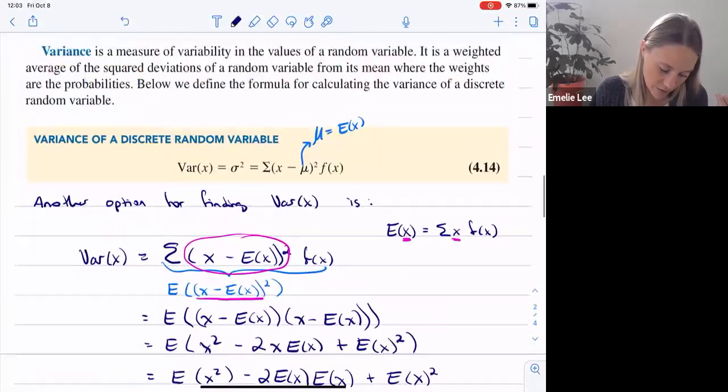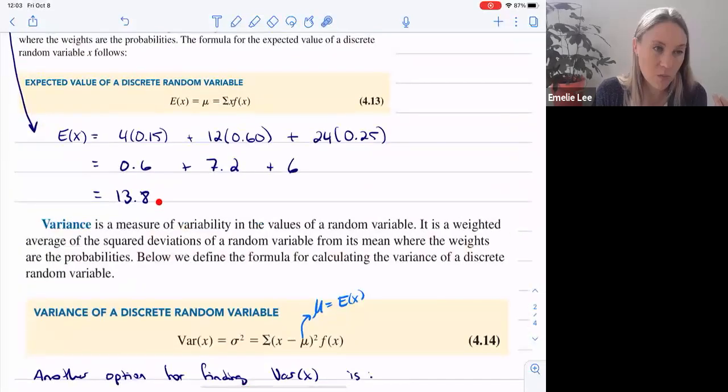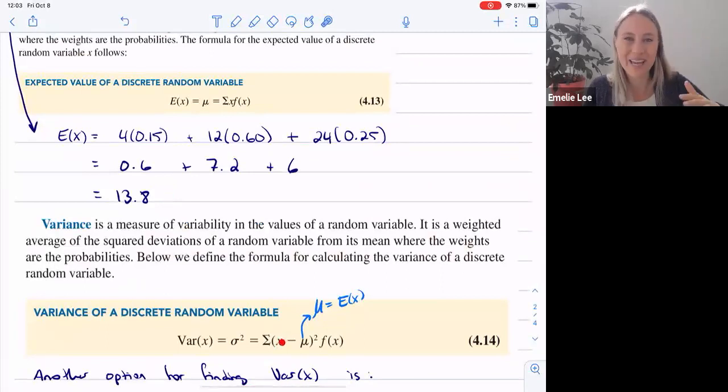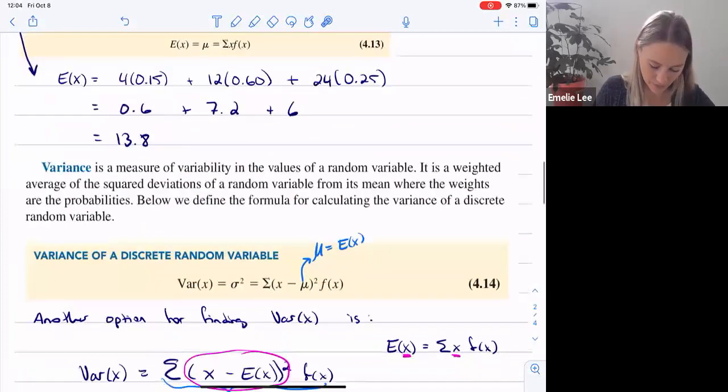The expected value of x was 13.8, right? And so I'll remind ourselves of that. So what you could have done, instead of deriving that other formula, you could say, okay, x minus 13.8 for each of those, square it, then multiply by the function. That's fine. Okay.